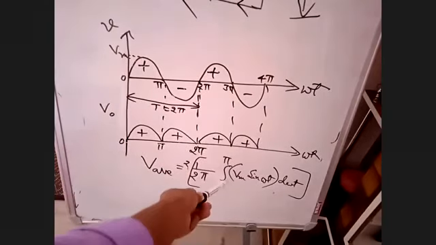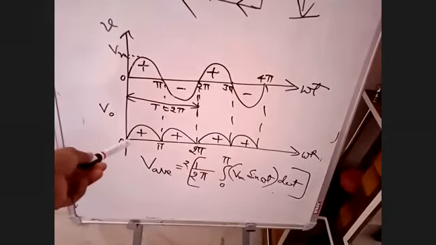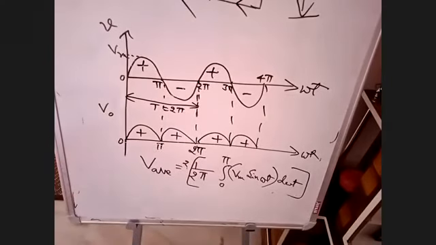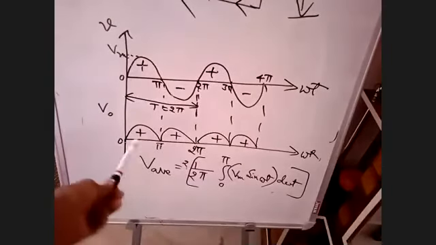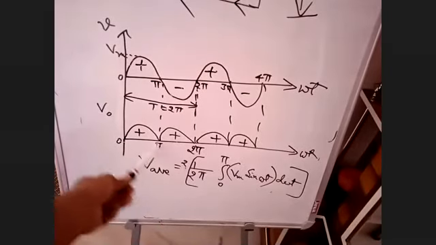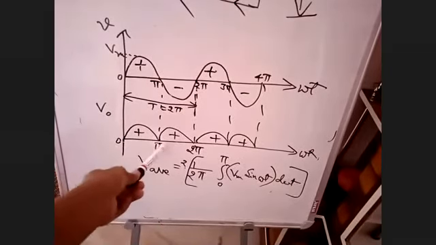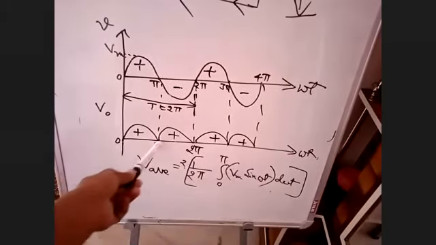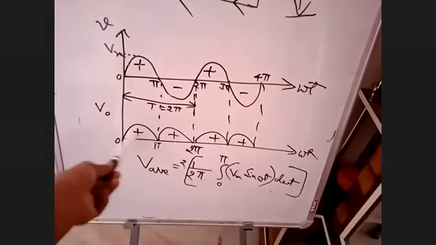Actually, you have to take the limits from 0 to 2 pi because we are getting the output voltage from 0 to 2 pi. Since these two are symmetric cycles, I'm multiplying by 2 here. For one symmetric cycle from 0 to pi, I'm calculating the average value for 2 cycles.